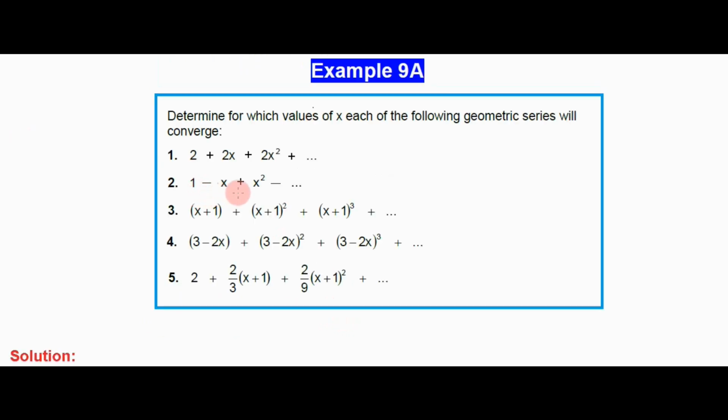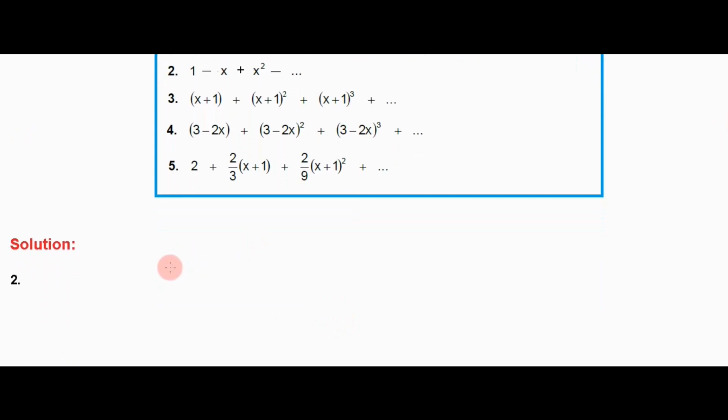Then in number 2, we have 1 minus x plus x squared, and so forth. Once again, we start by finding r, the common ratio. So taking term 2, which in this case is -x, divided by term 1. And r turns out to be -x. Note that in this infinite series, the signs alternate between negative and positive.